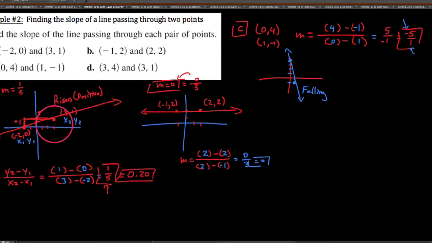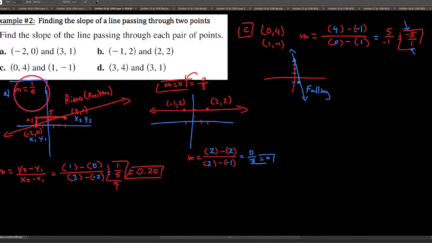And it is a little bit more steeply falling than this one over here. So this one, 1/5, was going uphill, but not as fast as letter C was going downhill. So definitely did a lot more falling than we did running on this one, whereas the opposite over here, we did a lot more running than we did rising or falling.